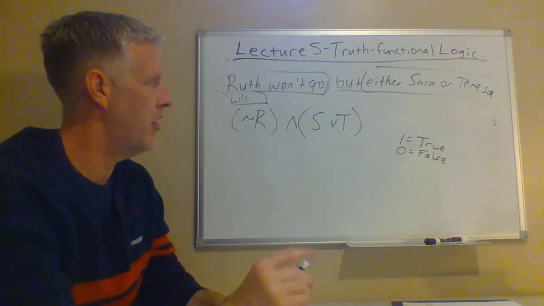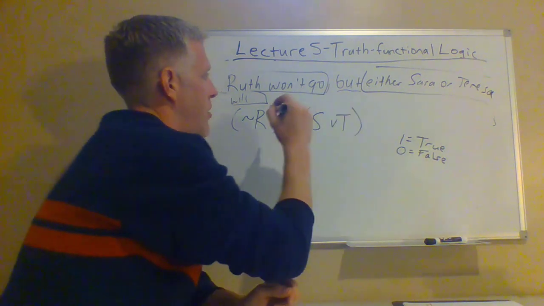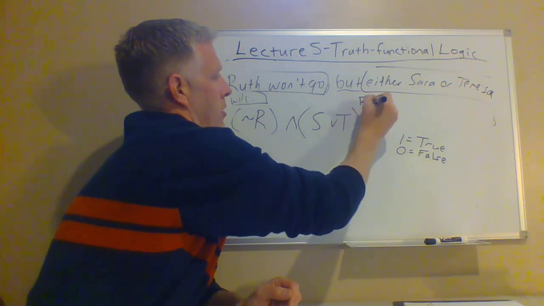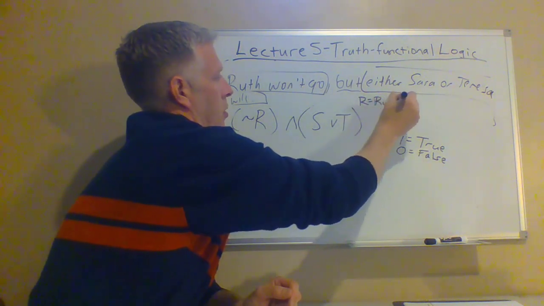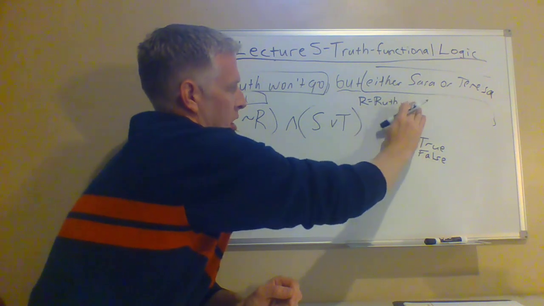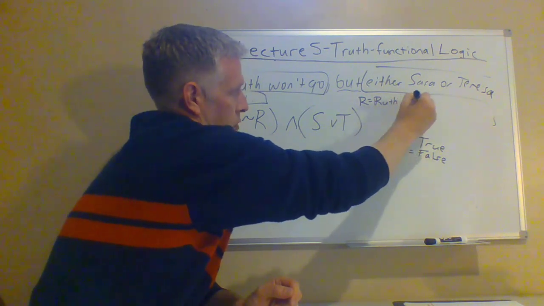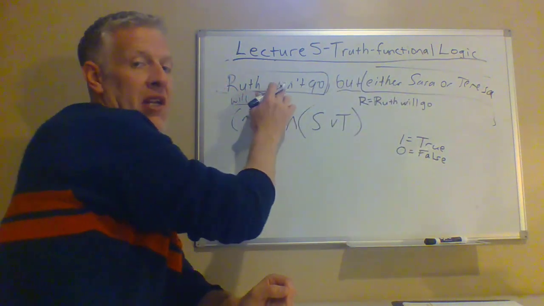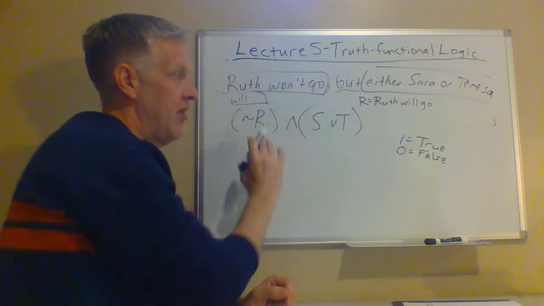So let's do our key. We want to be very clear here in all this. So R is going to be Ruth will go. We never include negation in our basic claims. Ruth will go, and that idea of negation will be represented in a distinct column.